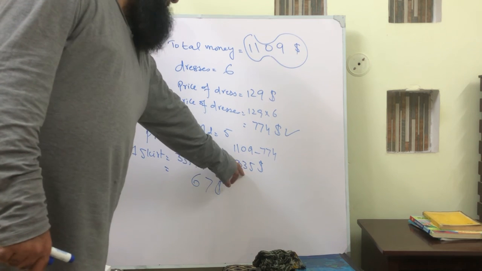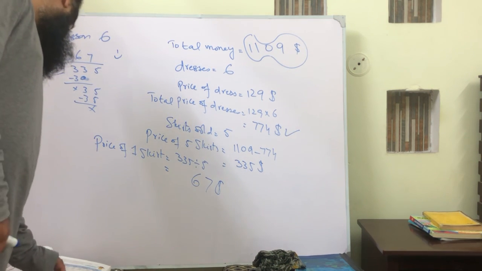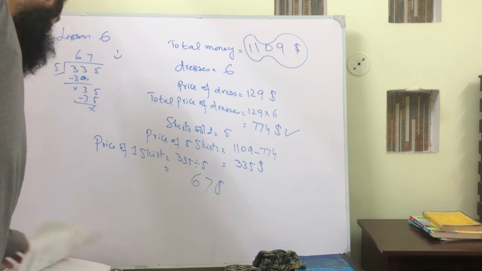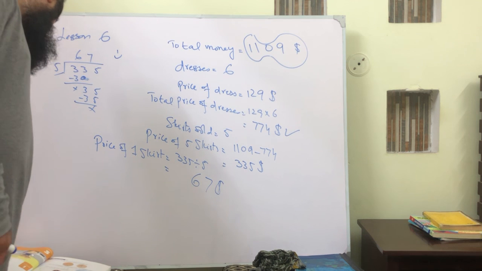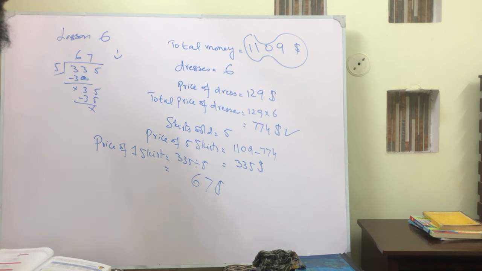These are 5 skirts. Divide this by 5, so you get $67 for one skirt. Okay. So this was all about question number 1 on pages 53 and 54.